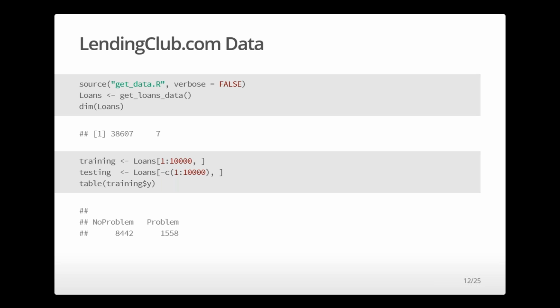There were 1,558 such cases where they defaulted on it or didn't pay all of it back, something like that. And there are many more cases where the person who received the loan made the payments every month and eventually paid the whole thing off. Those are coded as no problem paying back the loan.